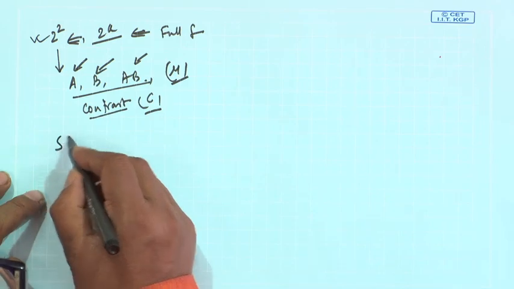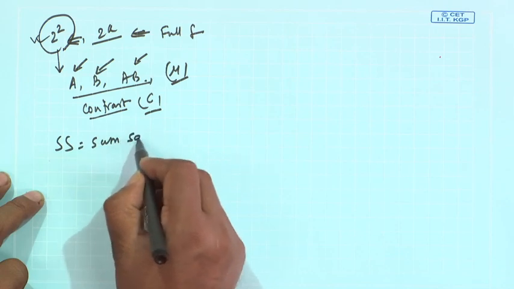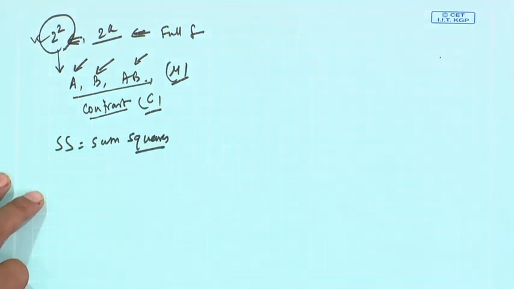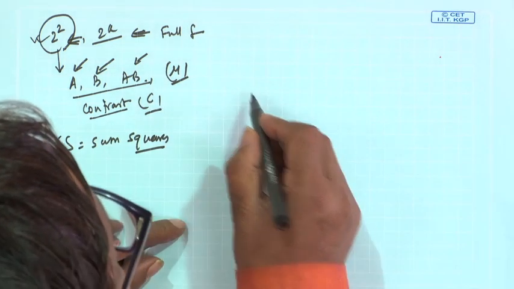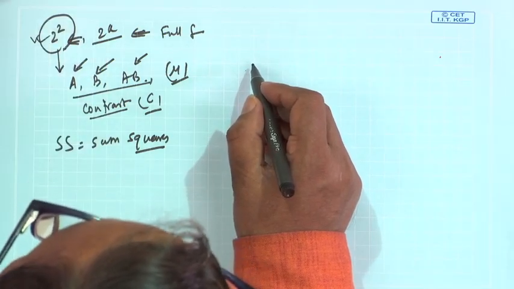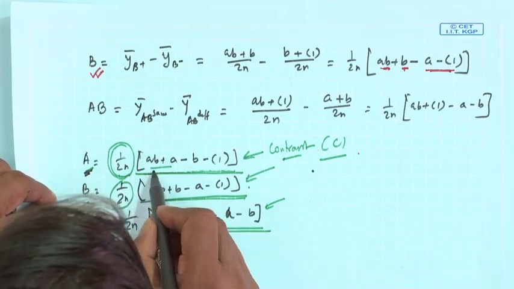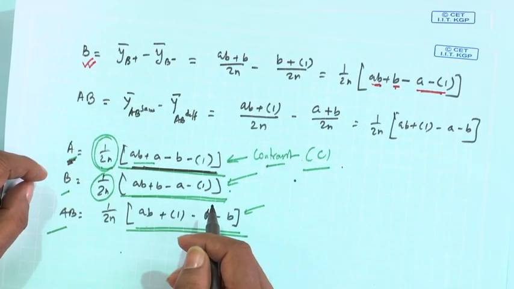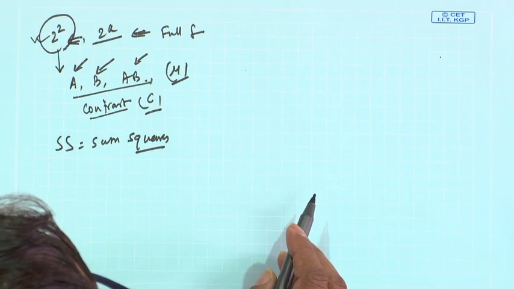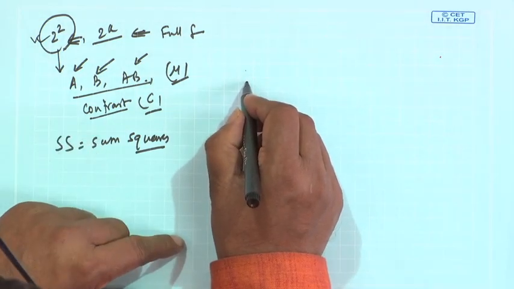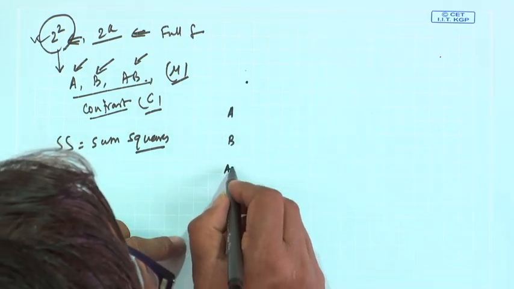And now, we will see, with reference to the 2 to the power 2 design, how to compute the sum of squares. So, if I go back to the estimate of the effect of A, and how this contrast comes from the data. Suppose we denote A, B and AB.